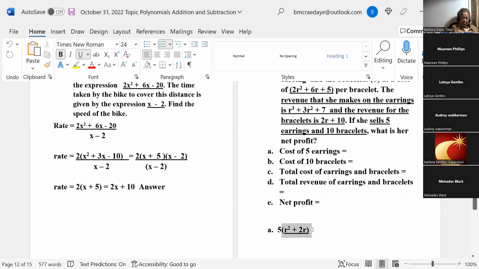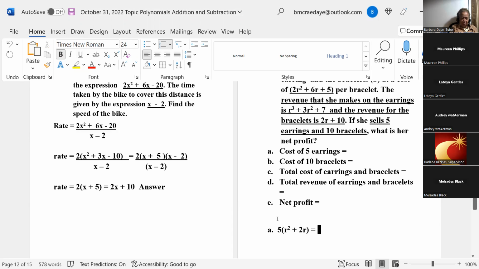When you multiply that out, what do you get? I don't know. I can't figure out this one. Yes, you can. What's 5 times r squared?